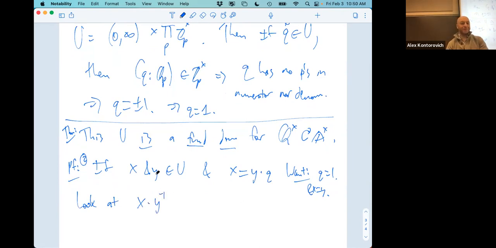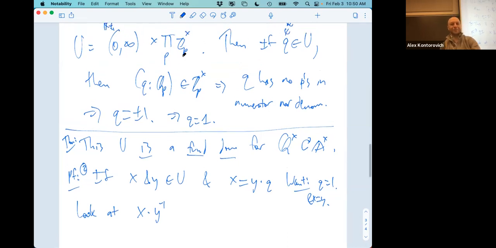U is invertible, I can divide and so on. This is in U, because all the components of x were in Zp cross and all the components of y were in Zp cross. We're assuming this is a rational number. The only rational number in U is 1, so x y inverse is equal to 1, which means q is equal to 1.